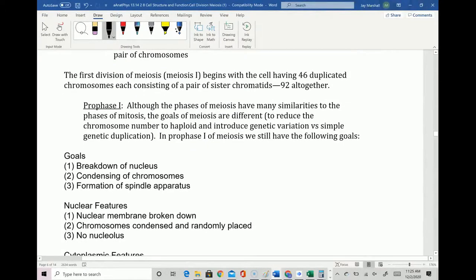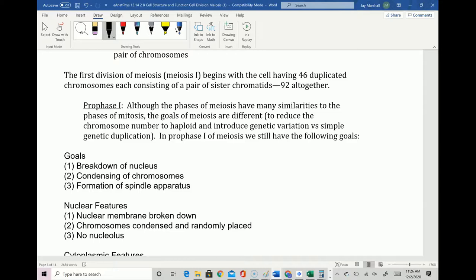Okay, so now we need to talk about the first meiotic division, not the first mitotic division. The first division of meiosis is meiosis 1, and it begins from the same place that mitosis begins, right? We have 46 duplicated chromosomes, each consisting of a pair of sister chromatids, 92 chromatids altogether. So, although the phases of meiosis have many similarities to the phases of mitosis, the goals of meiosis are different.